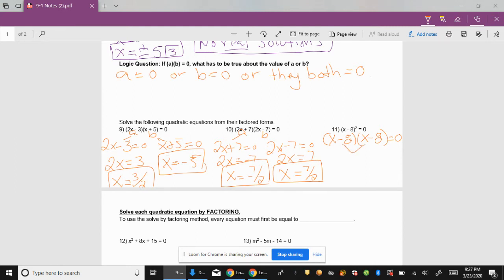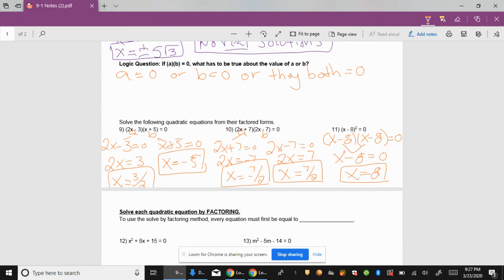You can just say, hey, these match. So x minus 8 must equal 0. Add 8 to both sides. x equals 8. So this one only has one solution, just like how in the square root method, sometimes you do get one solution. It's totally fine.